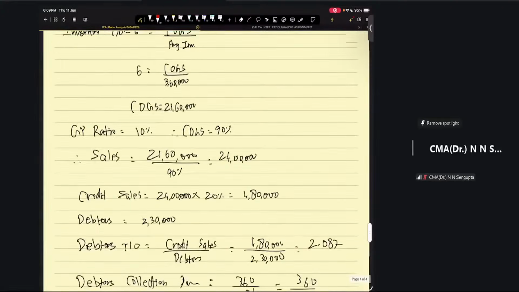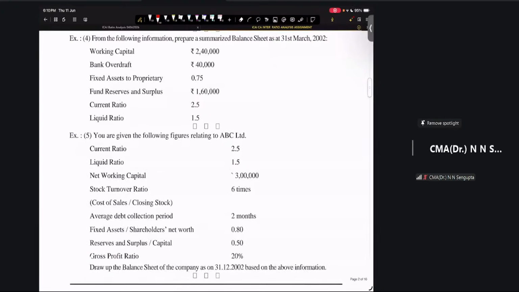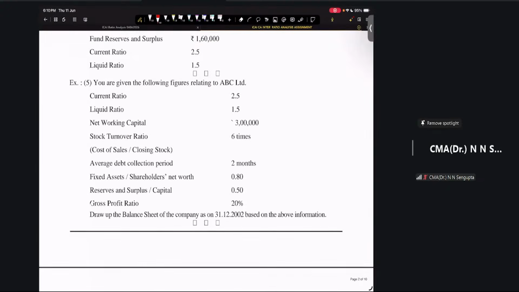In this session we'll do some additional questions for discussion and practice, which will help us better understand the concepts and get an idea of what type of questions and practicalities we can have from this chapter. So let's go for question number 5, everyone.